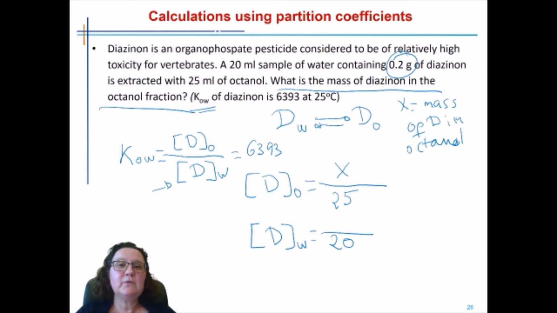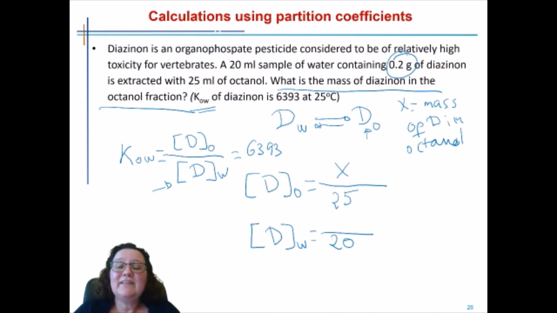But once you mix the water and the octanol together, give it a little shake and let it rest, some of the diazinon has stayed in the water and some has gone to the octanol. So you honestly do not know how much of the diazinon has stayed in the water and how much has gone to the octanol.